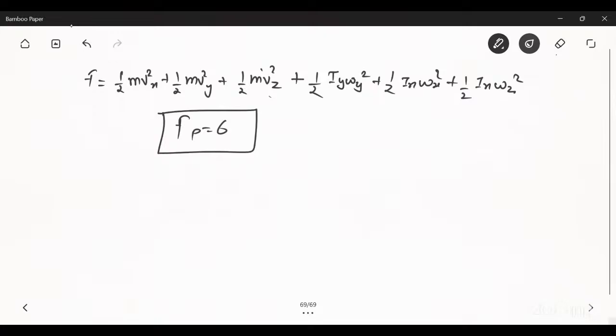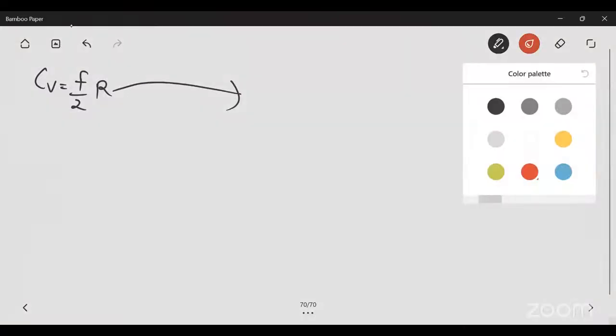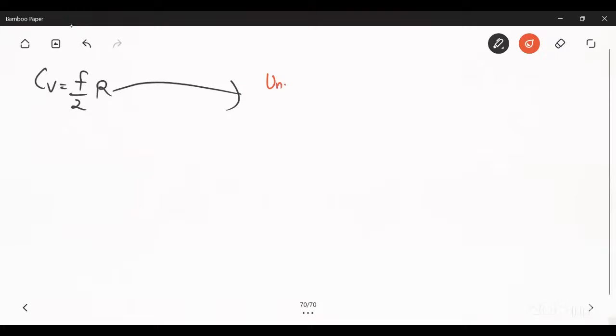The relation of Cp and Cv with degree of freedom: Cv is equal to f upon 2 times R, where R is the universal gas constant.